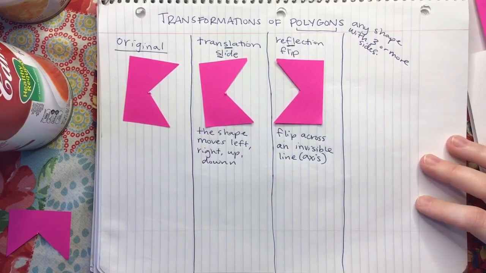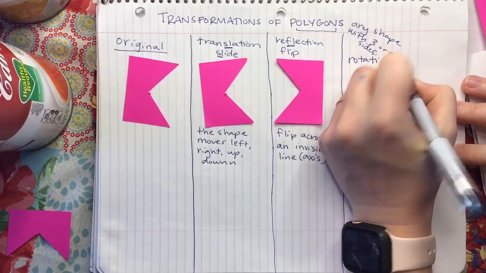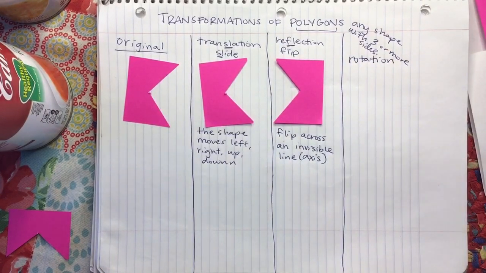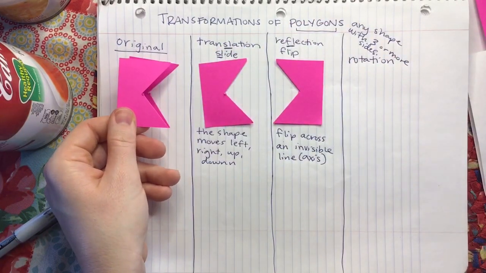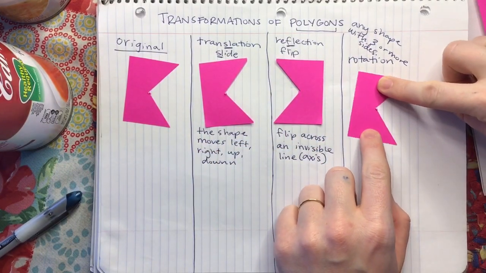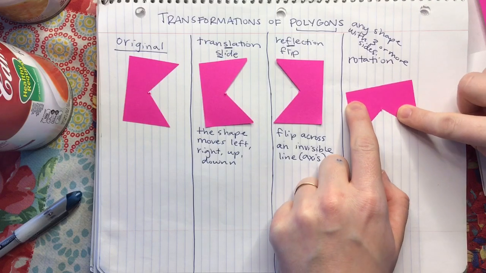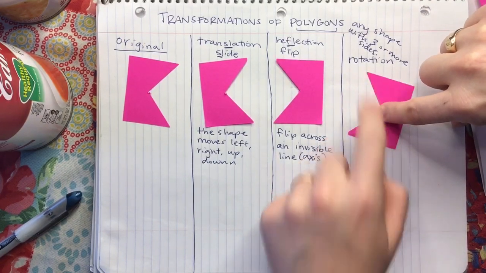All right, our last one is rotation. So when we rotate, think about when we rotate in our small groups, we move from one area to the next. So when our shape rotates, here's our original. So I'm going to move my original. When it rotates, it's going to be turning on a given point. So if I hold the middle, this is going to be a rotation.